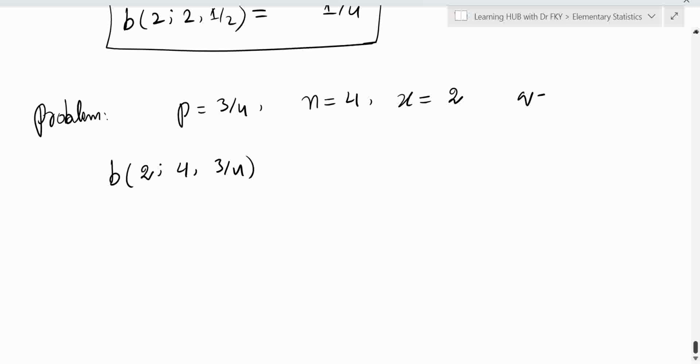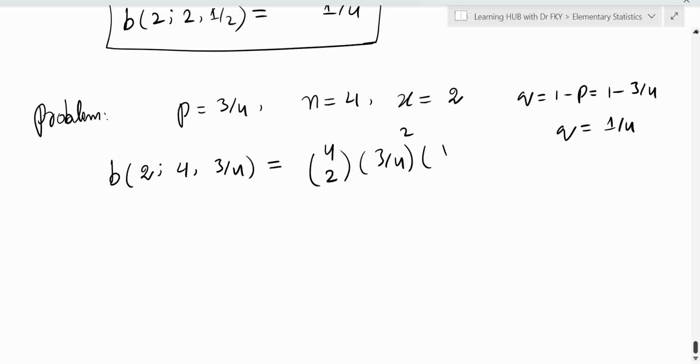Remember that q is equal to 1 minus p, which is equal to 1 minus 3 divided by 4, which is equal to 1 divided by 4. So this is equal to, you remember the binomial function nCx, 4 combination 2, 3 by 4 which is p, power x which is 2, and 1 divided by 4 power n minus x, so 4 minus 2. This means 4 factorial divided by 2 factorial and 4 minus 2 factorial.